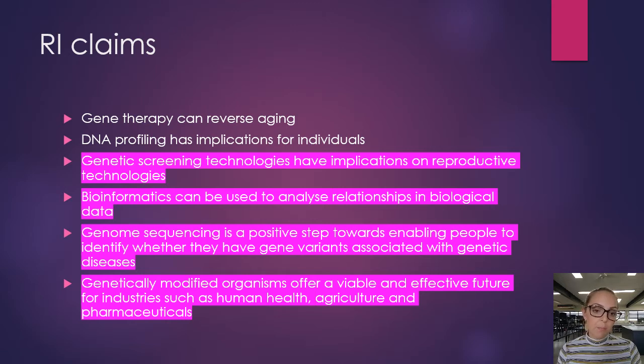Broad, but that can be brought back to reproductive technologies. Genome sequencing and genetically modified organisms, so things like CRISPR changing the genetics of something. We will go over the research investigation in future lessons, but this is just to get you thinking about it and just kind of in the back of your mind have areas that are interesting to you.